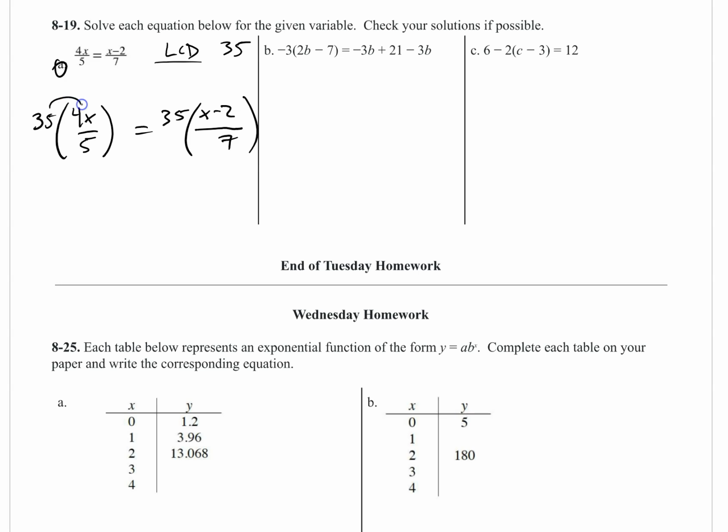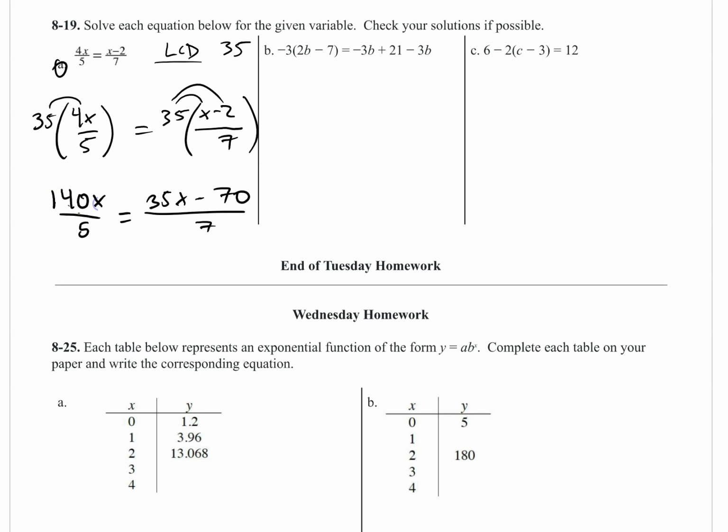Okay, so we have 35 times 4, that's 140x divided by 5 equals, careful on this side, you need to distribute the 35. So it's going to be 35x minus 70 and divide that by 7.